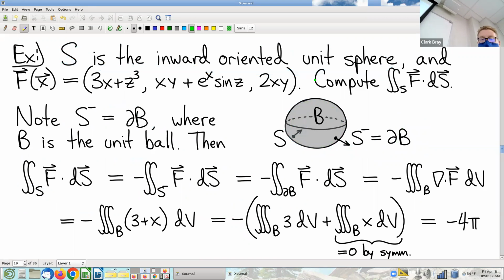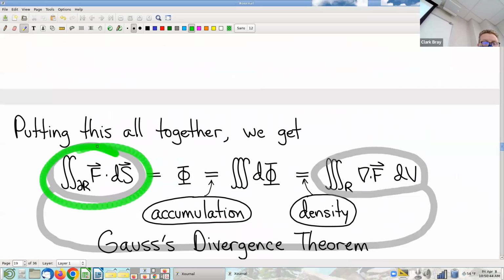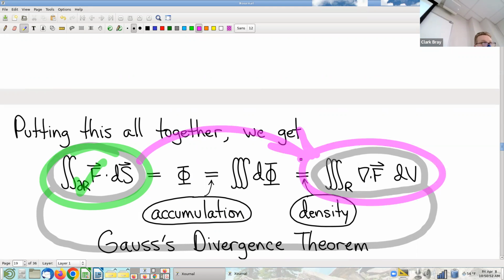Now, yes, there's a minus sign that comes from orientation issues, but ignoring that minus sign for the moment, look at what I've got. I've got a flux through a boundary. That is exactly what Gauss's divergence theorem is about. The divergence theorem tells me that I can rewrite that as a triple integral of divergence over, of course, the corresponding solid.